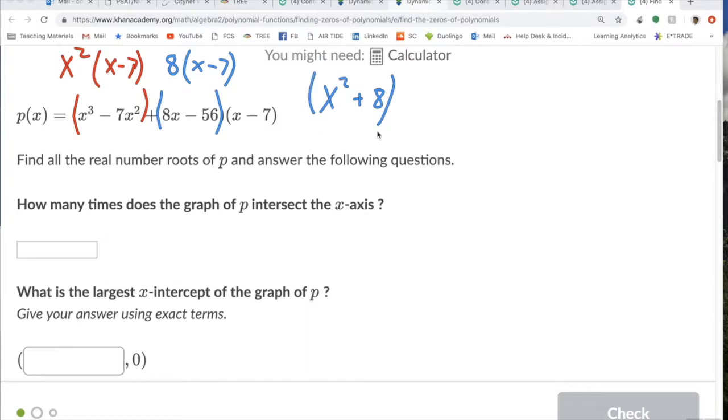And we'll multiply that with x minus 7, which is what we found out a second ago. And then of course, after this red and the blue business, we've got an x minus 7. So all along, we had that in our equation as well. So x minus 7 will also be here. So this is about as factored out as we can get.